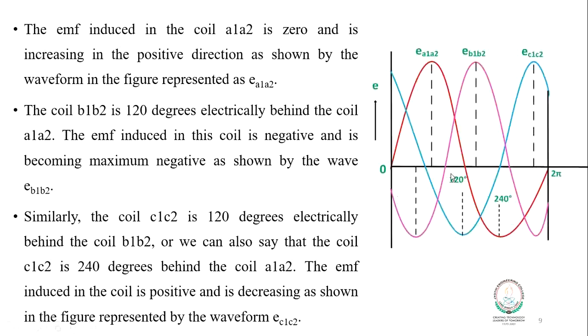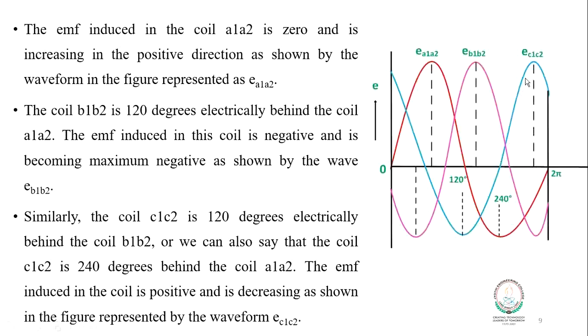Now, if we plot the waveform of voltage induced in coil C, we can say that the coil C is again 120 degree phase displaced from B. So, this is the starting point of B. From here, we have to take again 120 degree. So from this origin 0, we will now be at 240 degree, and the voltage in coil C will be starting from this point.